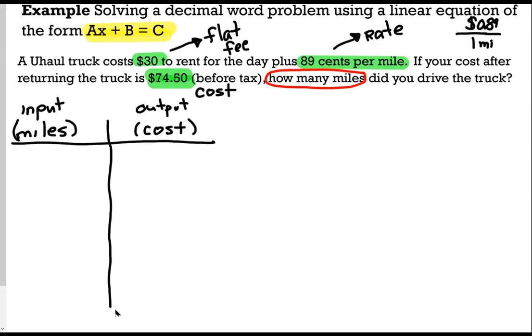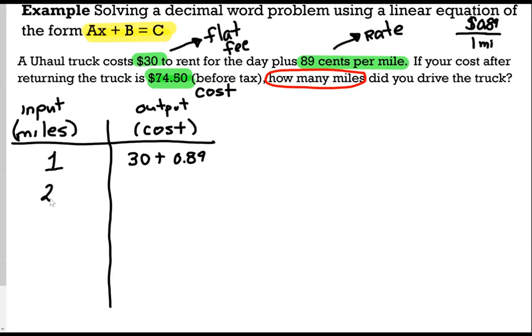So let's think about if we were to use this truck and drive 1 mile, just one. The cost of the truck is going to be $30 plus 89 cents. What if it were 2 miles?